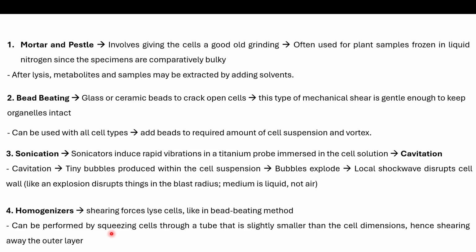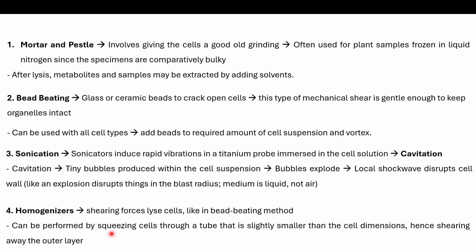So when the cells are passed through that gap, it creates a shearing force which helps in removing the outer layer of the cell. The gap is really small, on the order of the cell's diameter. So homogenizers are used for producing mechanical shear, which helps to break the cells open.